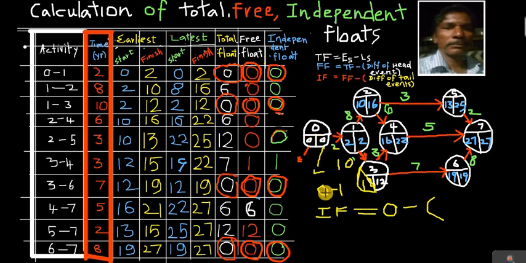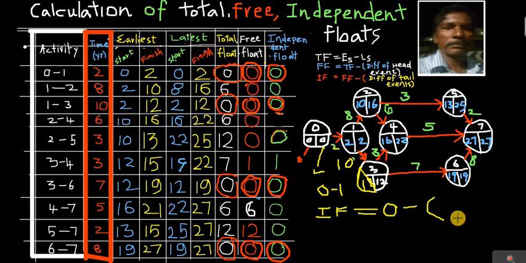Listen carefully. 0 to 1 is this activity. In that activity, what is the free float? We have already calculated the free float. That free float we have to write, minus the difference of the tail event, the difference of the earliest time and latest time in the tail event. That's what we have to understand.